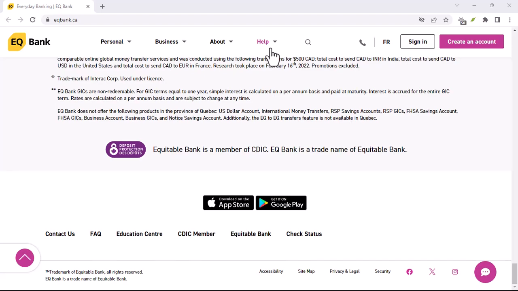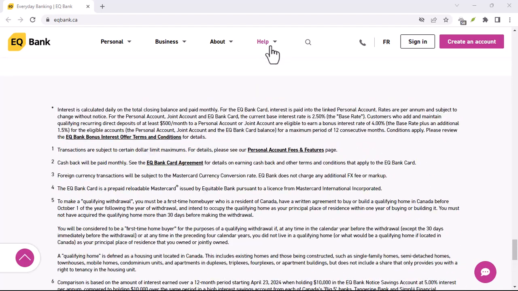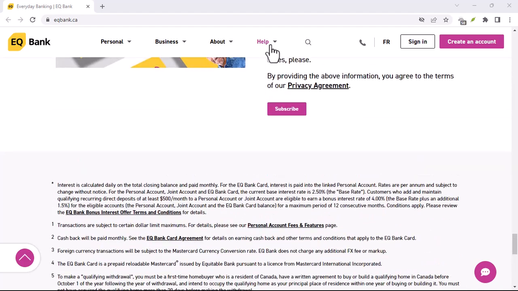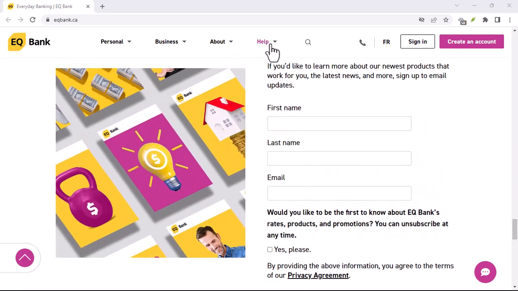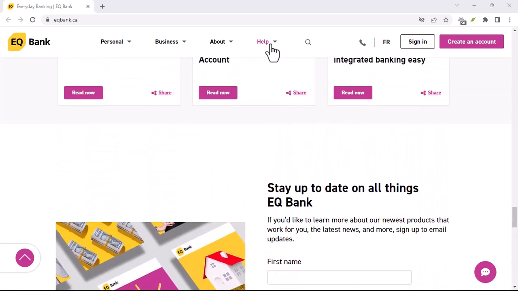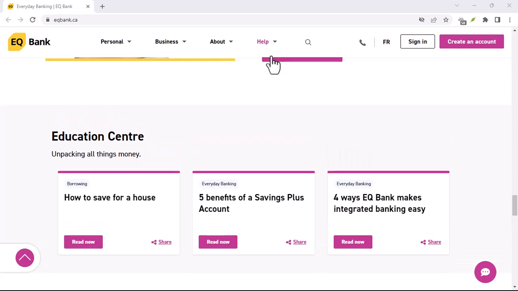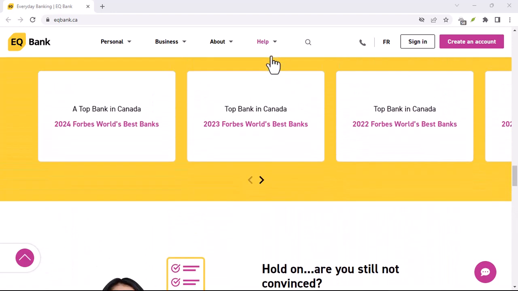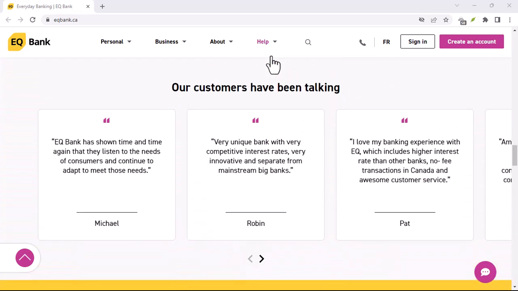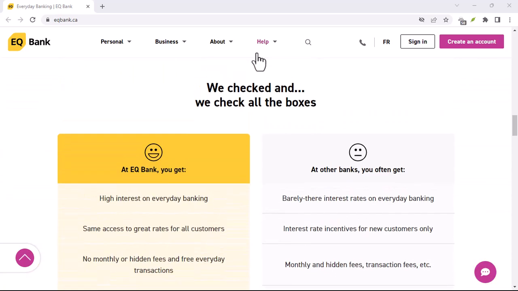So, how can you avoid these fees? One strategy is to use ATMs within the exchange network. EQbank is part of this network, which includes thousands of ATMs across Canada. Using an exchange network ATM will generally avoid surcharges. You can find a list of exchange network ATMs on EQbank's website or app.